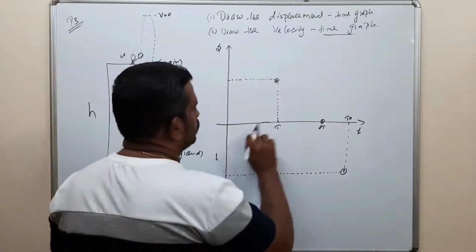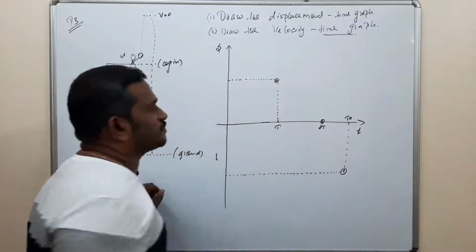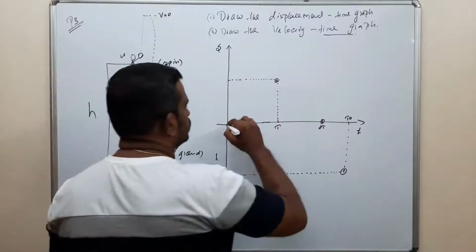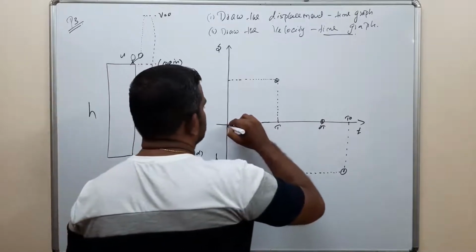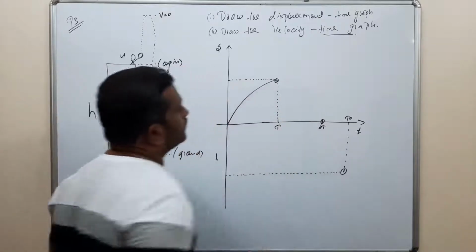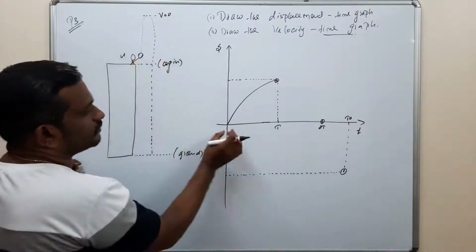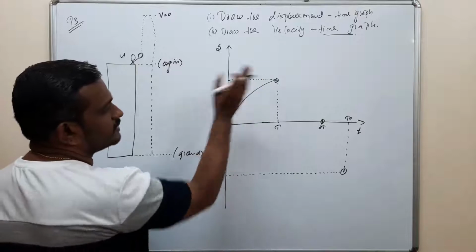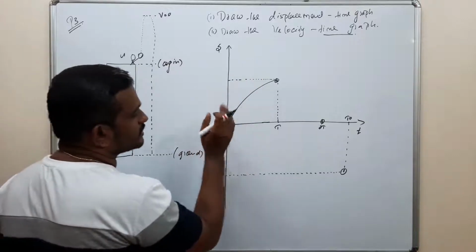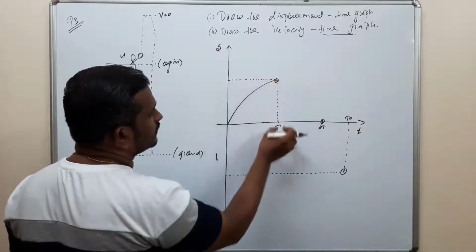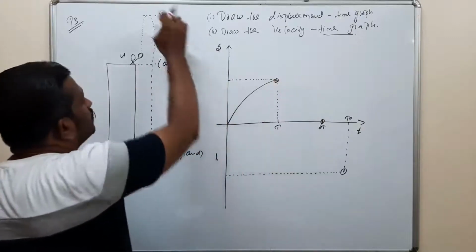First, when we draw the displacement time graph, the slope of the displacement curve is like this. From this point the velocity decreases, and at this point, at time t, the velocity becomes 0.